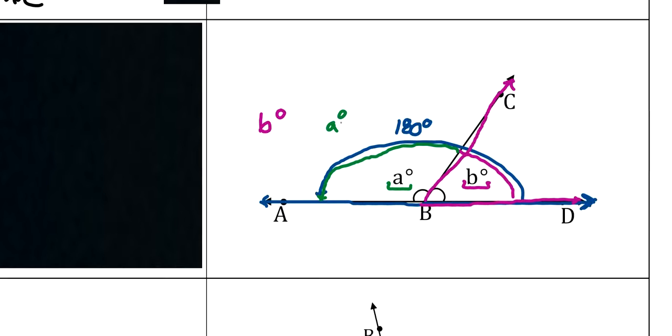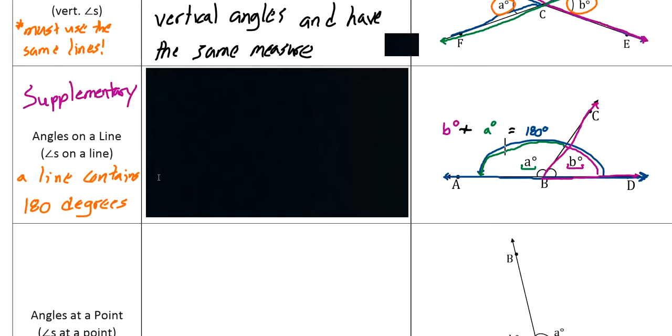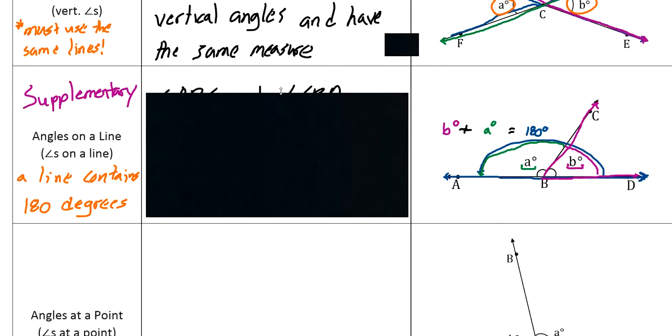Think about this. If I put B and A together, if I spun this way, that's angle B. And if I spun this way, that's angle measure A. If I add them together, I would end up in the same spot as just spinning 180 degrees. That's why we say they are supplementary, or they're angles on a line, because if I add them together, they will equal 180 degrees.